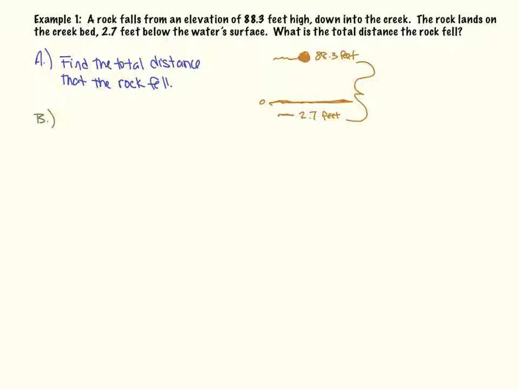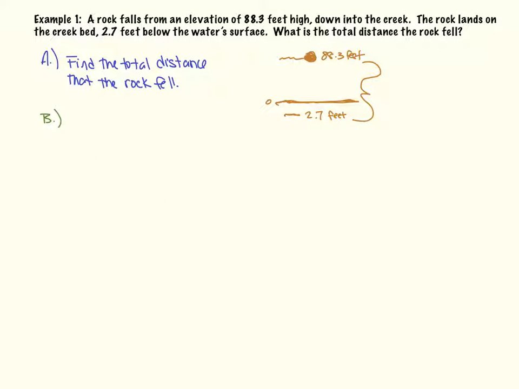So for part B, let's go ahead and write adding, because we're combining the distance below 0 with the distance above 0.